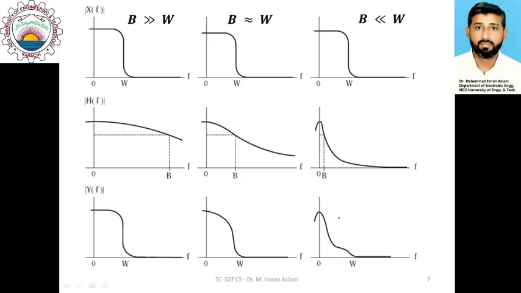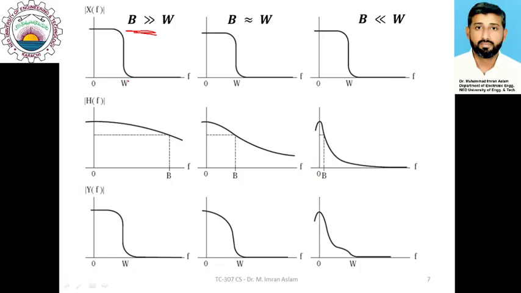So ideally we intend to have this case, where the system bandwidth is much greater than the bandwidth of the signal. But of course, as we have previously discussed, bandwidth is one of the important resources that we want to optimize.